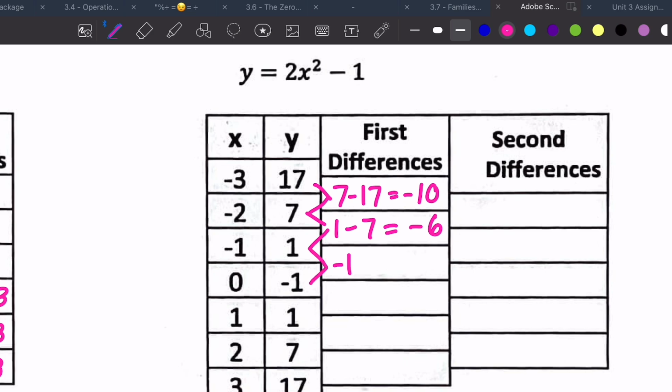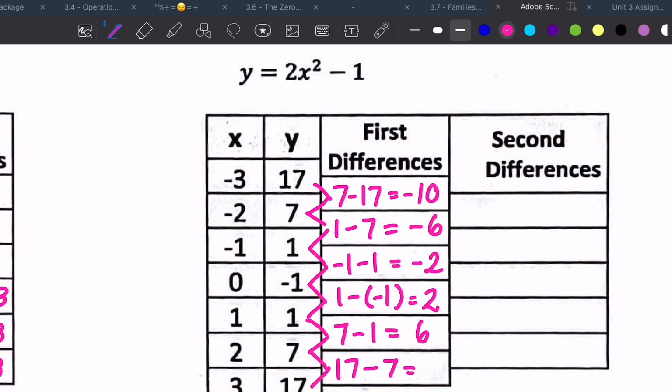Same thing, negative 1 minus 1, negative 2. 1 minus negative 1, what's that going to give me? 2, exactly, because it turns into 1 plus 1. And then same thing, 7 minus 1, 6. 17 minus 7, 10. So they are not the same. Those are all different numbers.